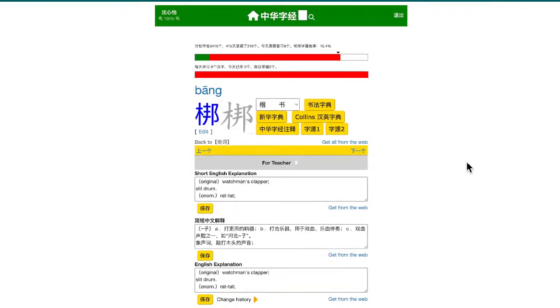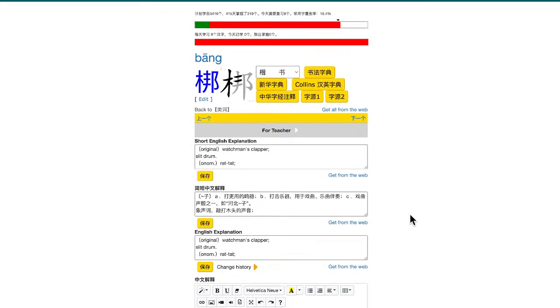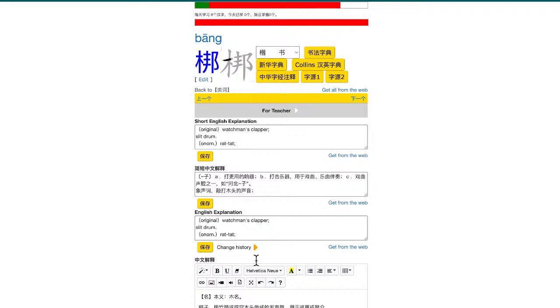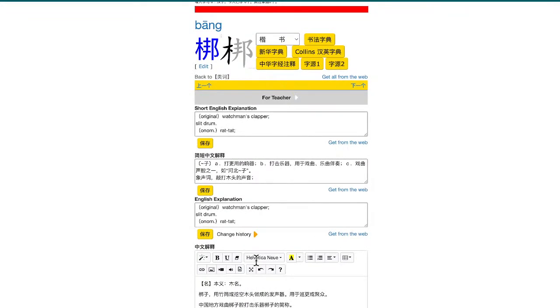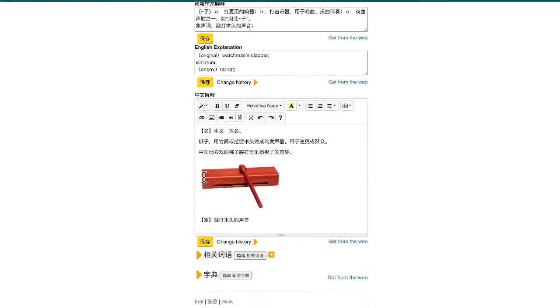Next one, 帮. Now 帮, originally, means the clapper. Okay, the watchman's clapper, slit drum. What is a watchman's clapper? This is made out of wood. It's a piece of wood, and then you carve it to make it hollow in there.